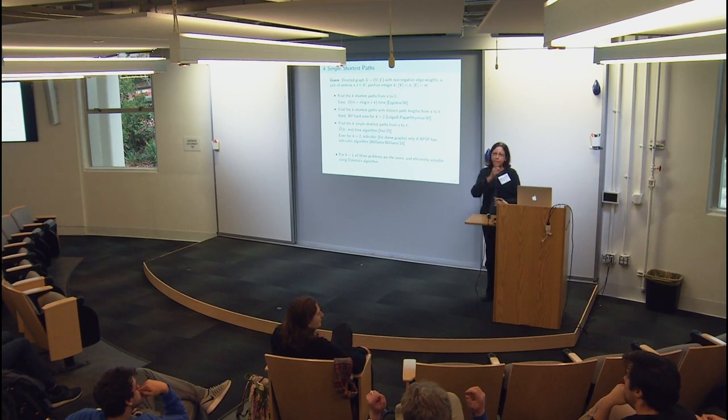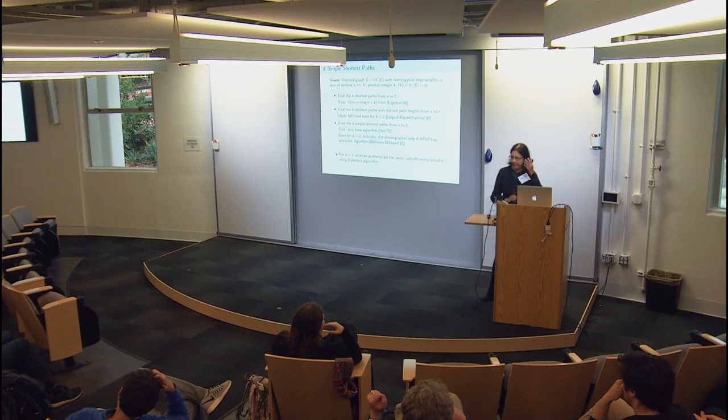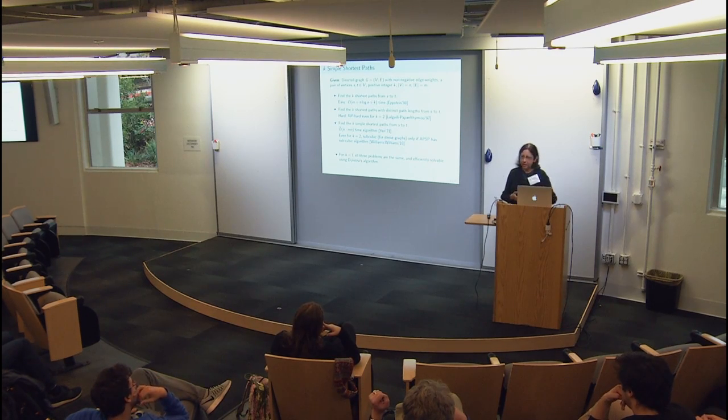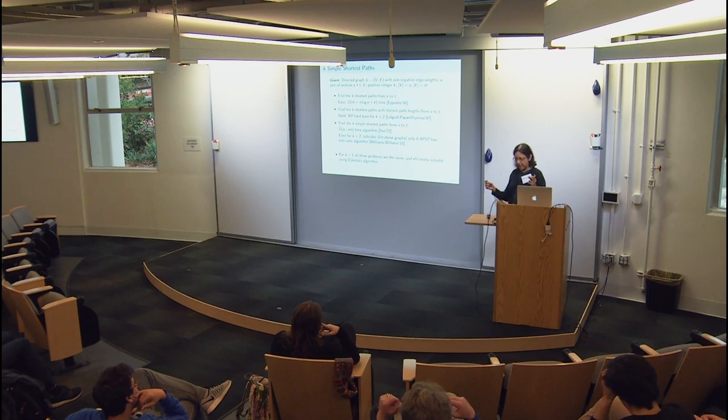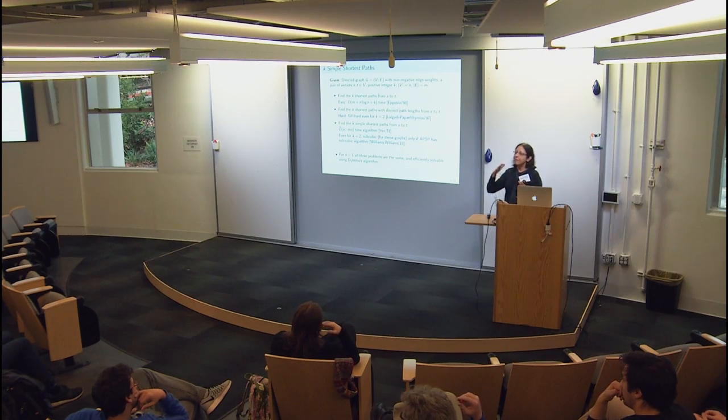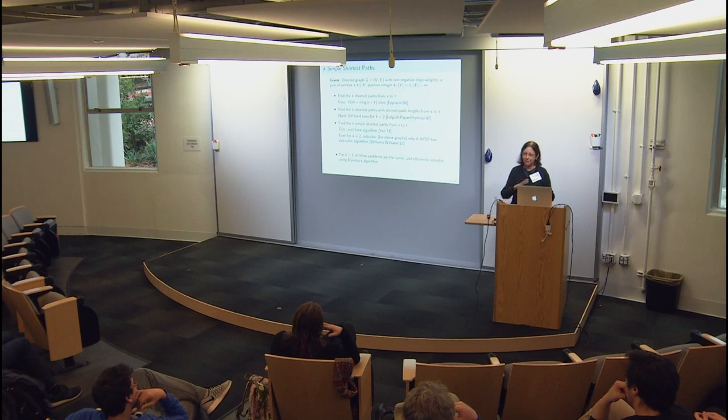The way you would find the second shortest path is to find the shortest path, then for each edge on the path, remove the edge and find a shortest path in the graph, and then take the path of minimum weight among these paths. By the way, this problem is called the replacement paths problem. I'll be talking about this midway through my talk, but thank you for pointing that out.